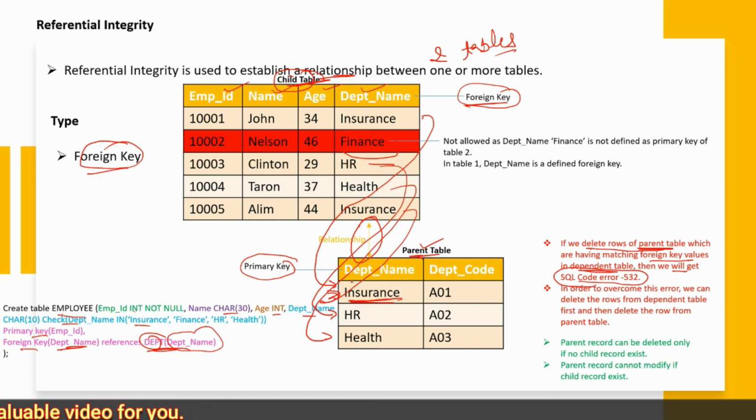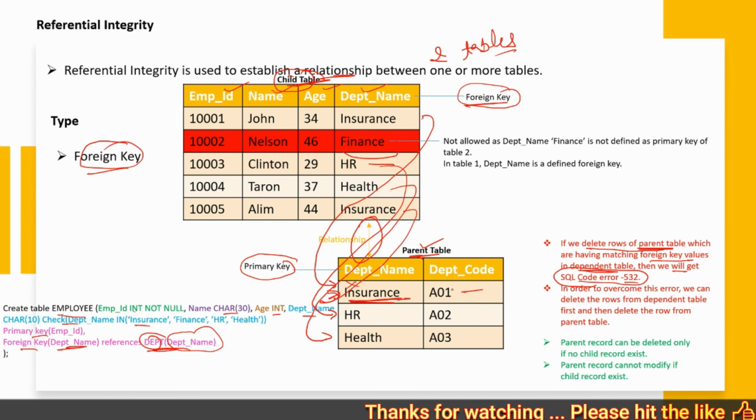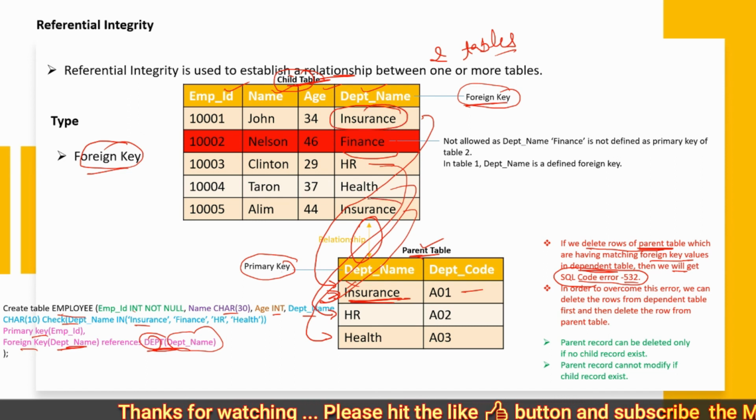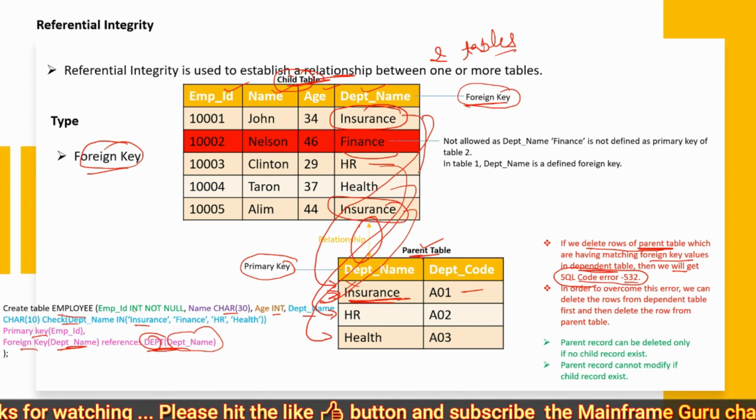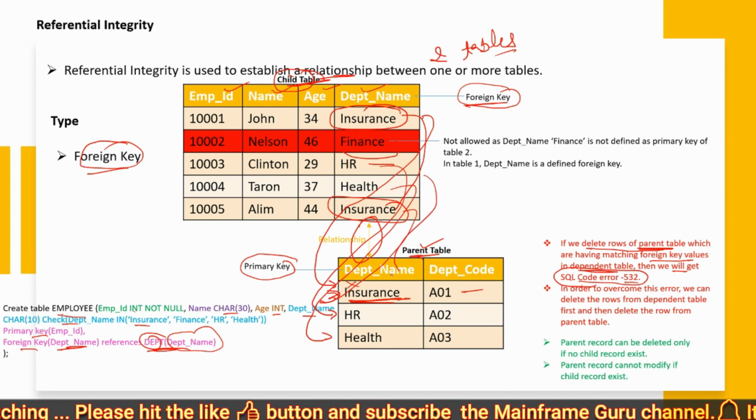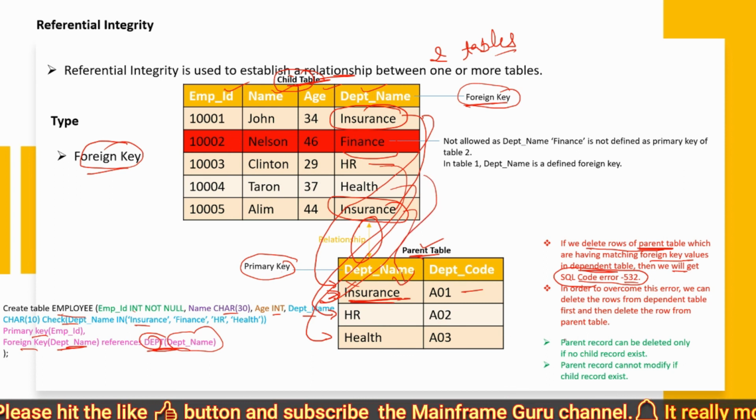Means when I am going to delete this row, this record, it will not delete this record, but it will give us minus 532 SQL code. For deleting this record, we have to first delete these two records which have department name insurance. Only after deleting from this we can delete from the parent table.